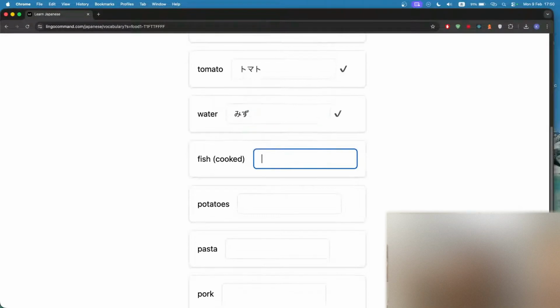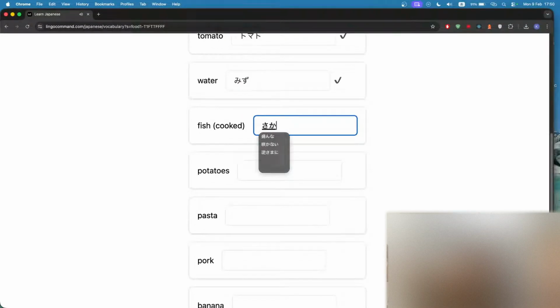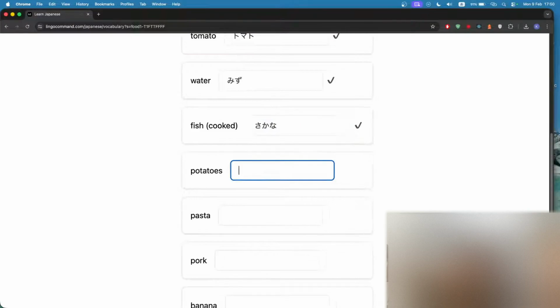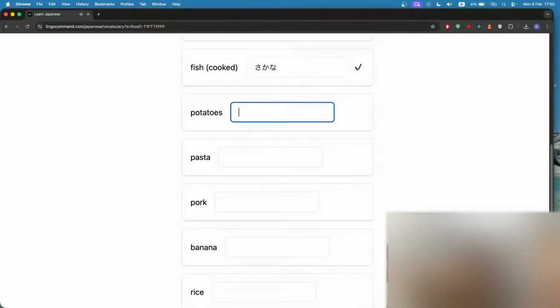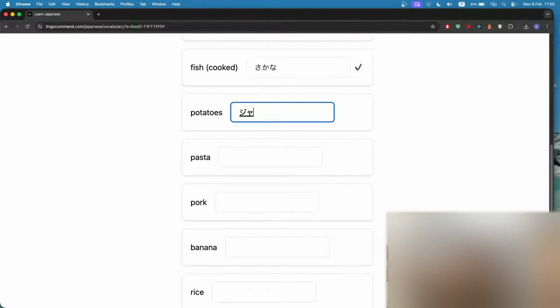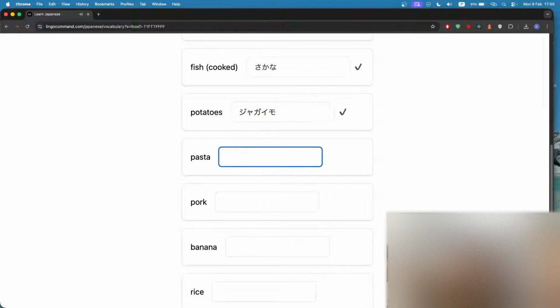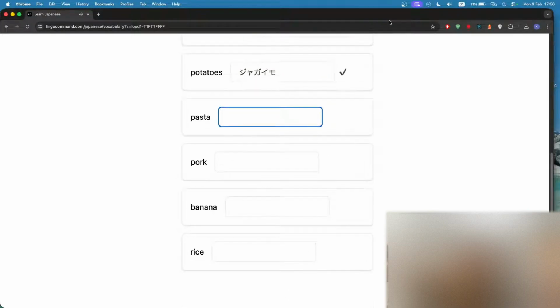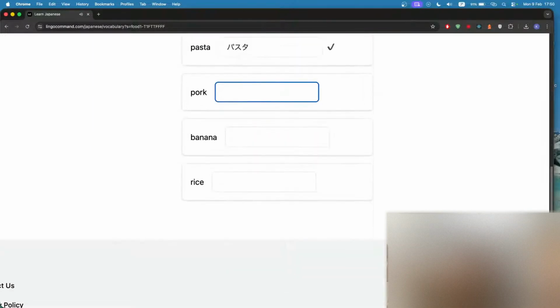Mizu. This is sakana. This is fish. Oh, this is going to be tricky. So this is katakana, and it's jagaimo. Okay, that was okay. Pa, su, ta. So you don't pronounce the U in su. It's pasta.